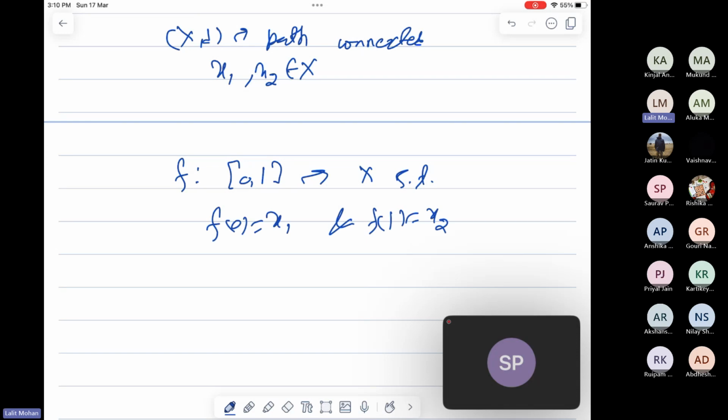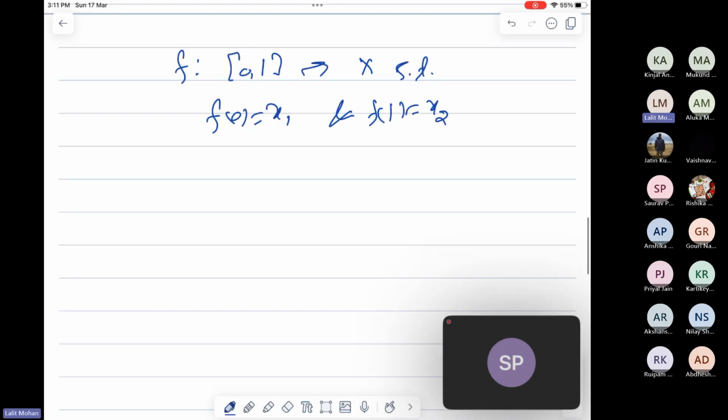Then we say that our metric space, or any subset of a metric space, is path connected. So first we will pick two points, say x from this product of X_i and y again from this product of X_i.